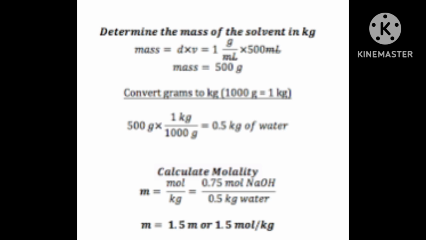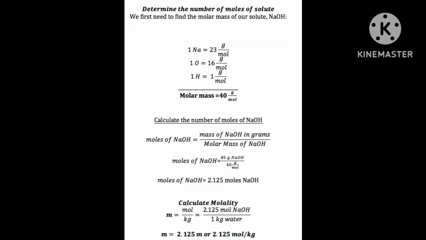Easily you can calculate it. CH3COOH means 2 carbons are there. Formula-wise, CH3 means 12 plus 3, again 12, and double O is there, so 2 into 16, and again plus 1.